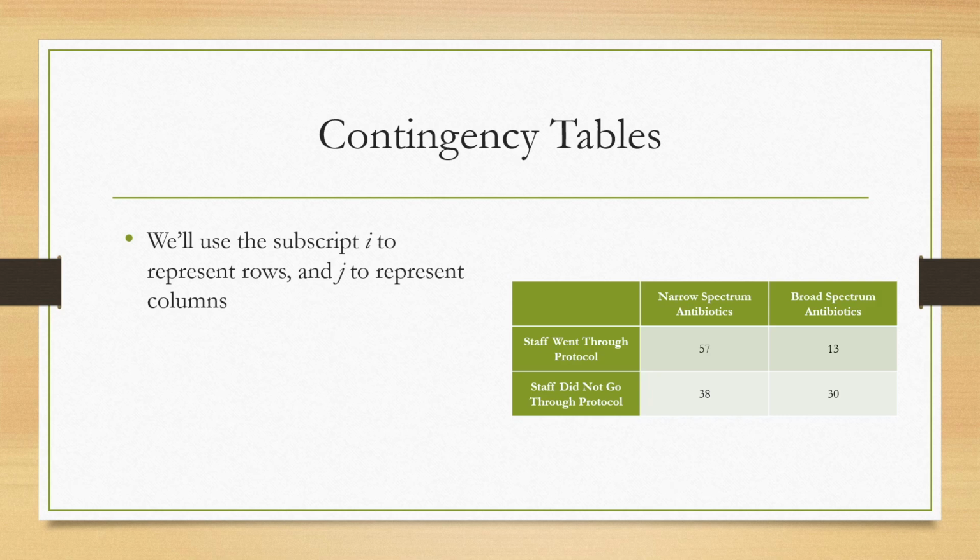Some people do r and c instead of i and j. Some people do different things here. So it just depends. But we'll use i to represent rows and j to represent columns. And it's good to keep in mind, it's not going to be hugely important within this class, so don't stress too much about it.